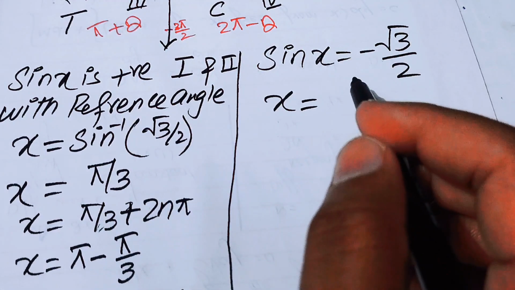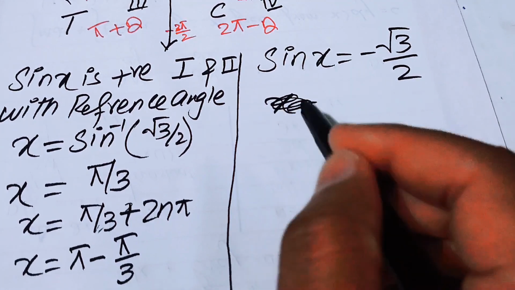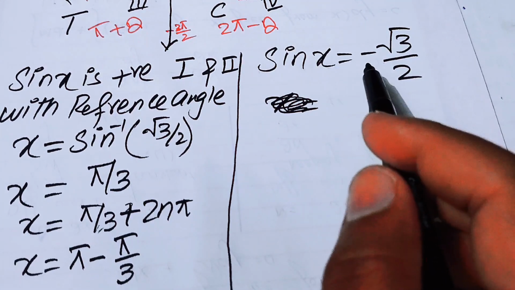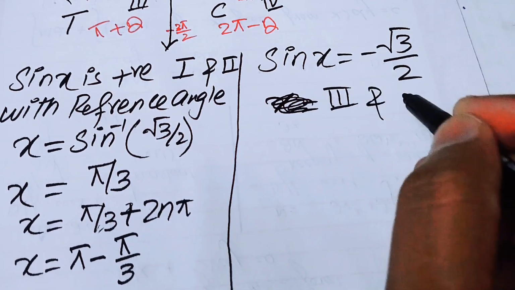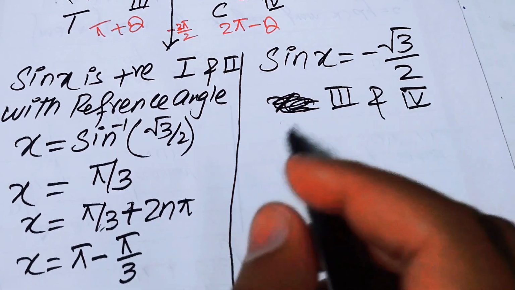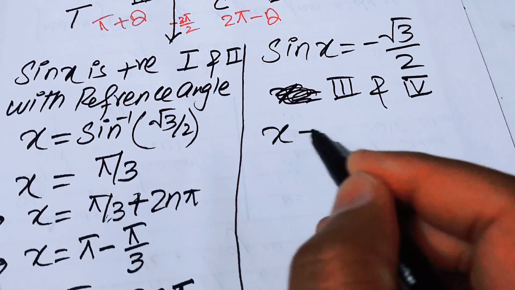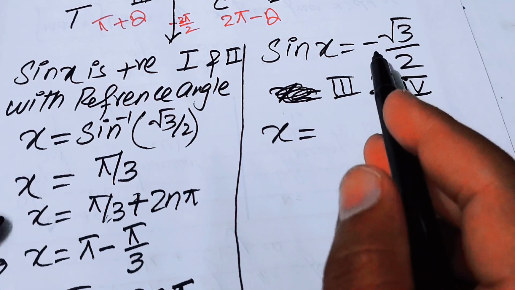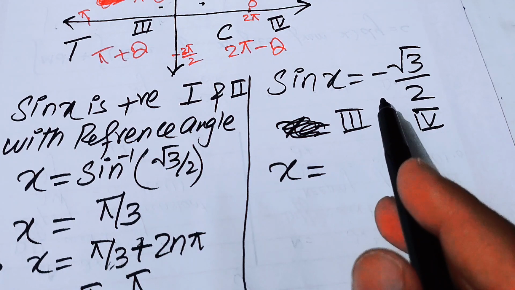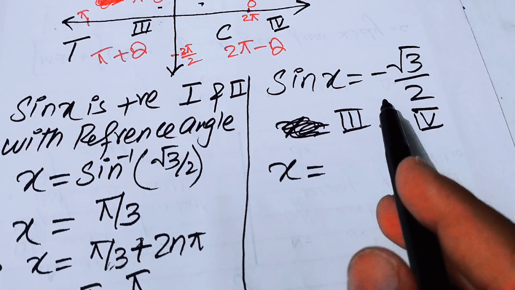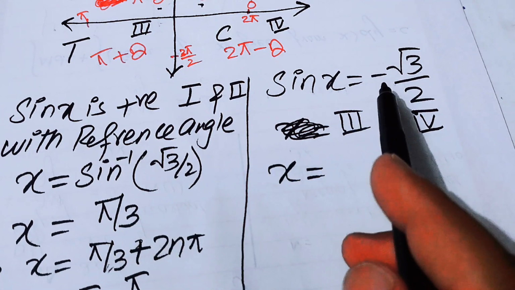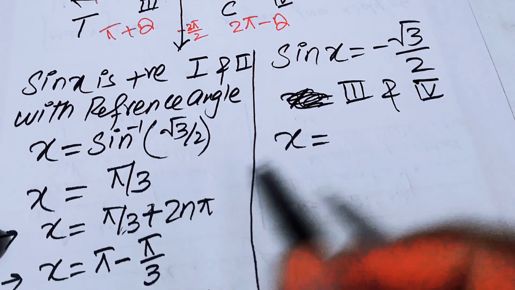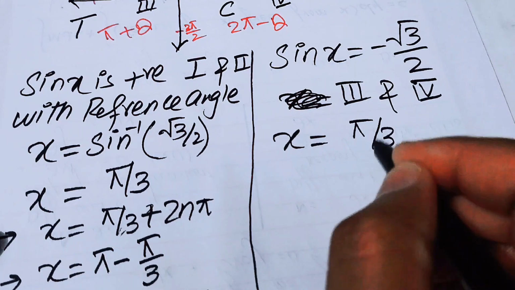Before finding the reference angle, I can see that sine is negative, and sine is negative in the third and fourth quadrants. As I told you before, when we take a reference angle, you ignore the negative sign and just take the positive, so x equals pi by 3 is the reference angle.